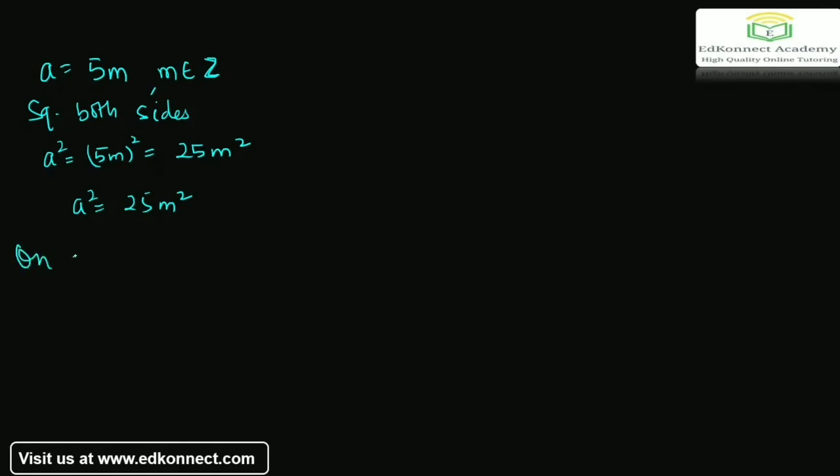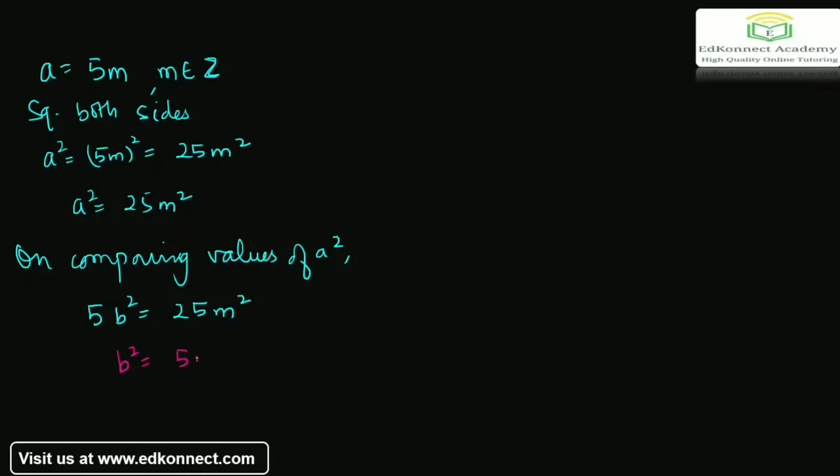Now on comparing values of a square, we have 5b square is equal to 25m square. From here we get b square is equal to 5m square. So this means that 5 divides b square, and by the theorem we can say that 5 divides b also.